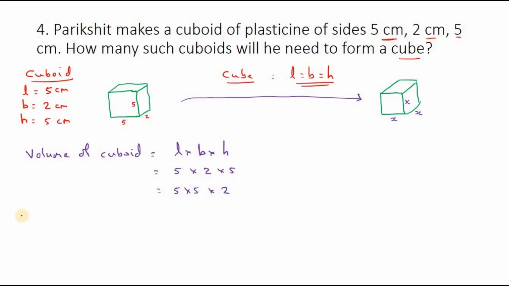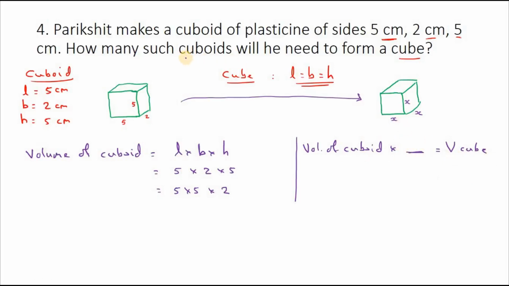So to make a cube, the volume of the cuboid multiplied by something will give the volume of the cube. I need to multiply the volume of cuboid with some number, and this number is our answer.